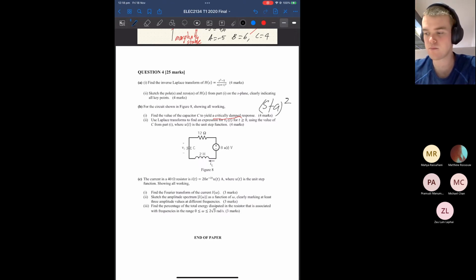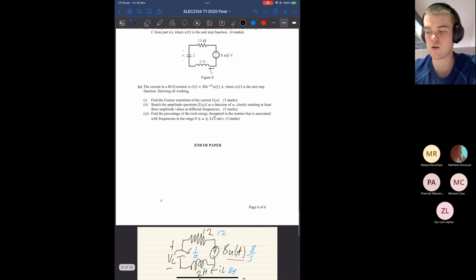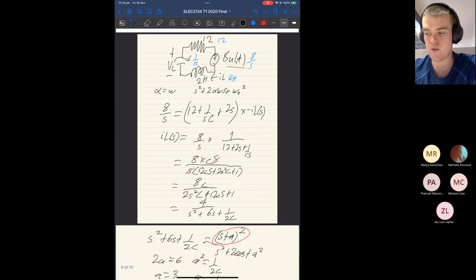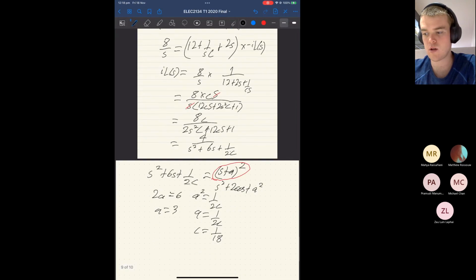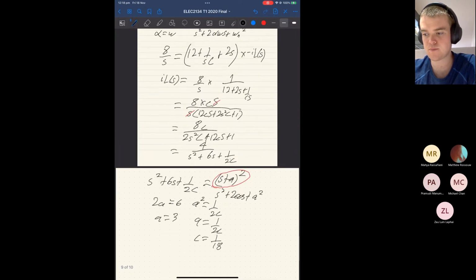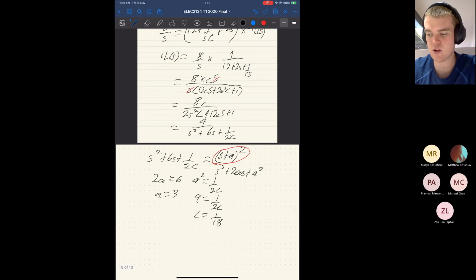So that means if I can find my transfer function, like this one up here, I will have some poles at the bottom, which should be in the form of s plus A all squared. So what I did was I went around trying to find some sort of transfer function for the amount of current flowing through. So I could then get my final answer where C is equal to 1 on 18, because I solved it for s plus A all squared.